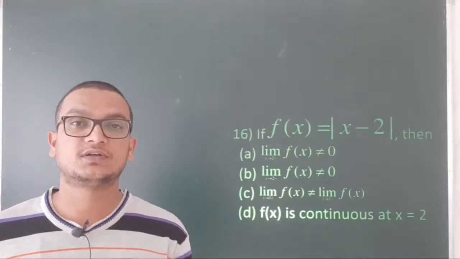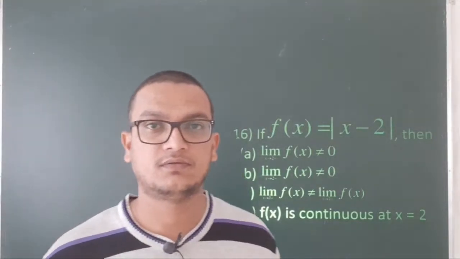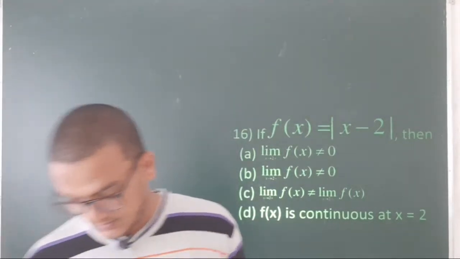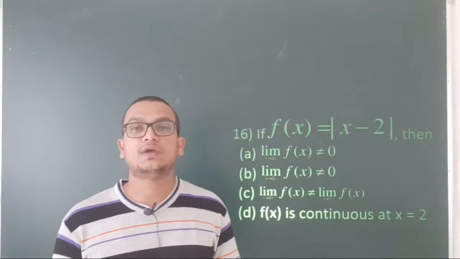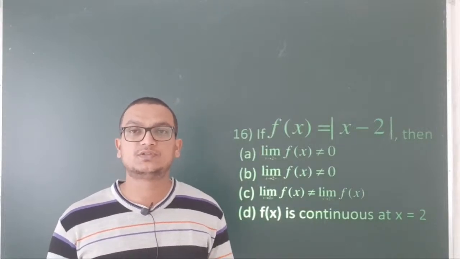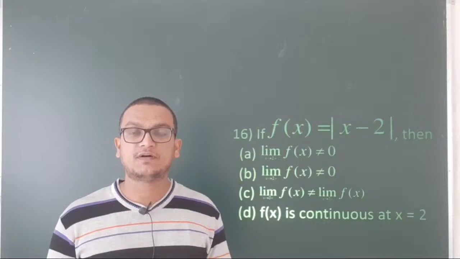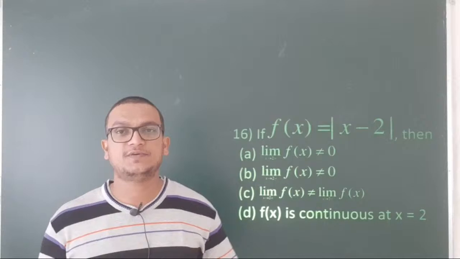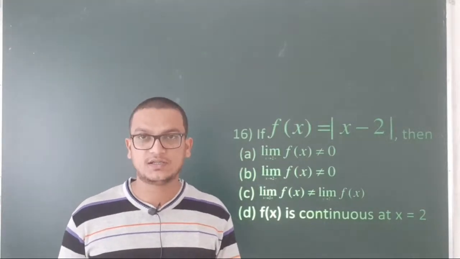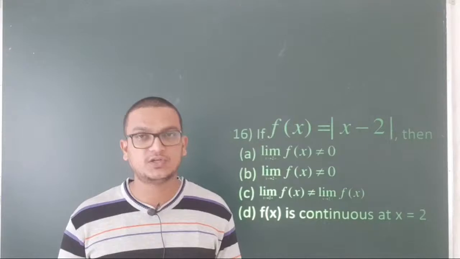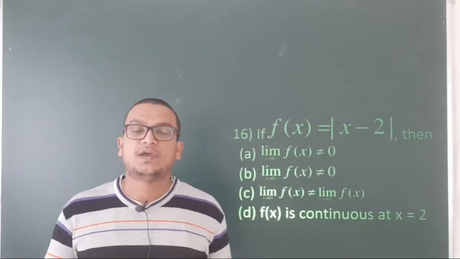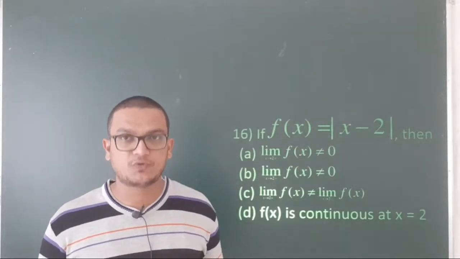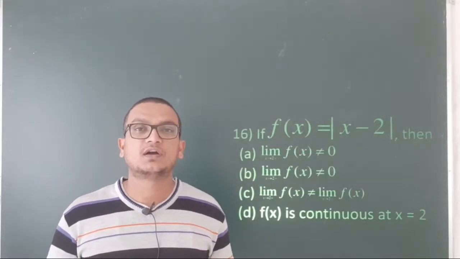When the function is continuous, that is, limit x tends to a, f of x is equal to f of c, that function is called continuous. Otherwise you can say LHL is equal to RHL, then also the function is continuous. Also every trigonometric function, polynomial function, modulus function, exponential function, logarithmic function is always continuous.